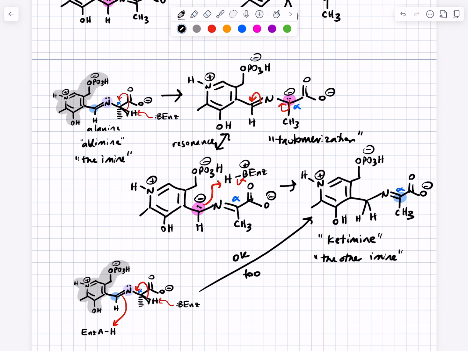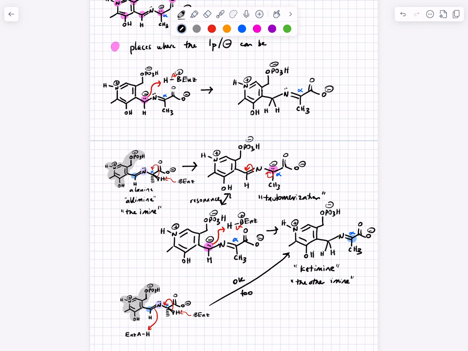Just to review, we talked about imine formation last hour. We now know how to take an aldehyde or a ketone and an amino group and get an imine.